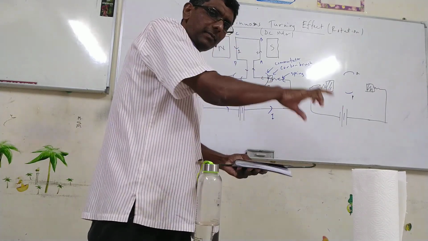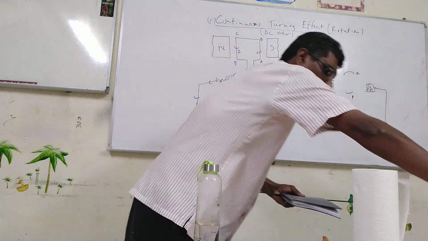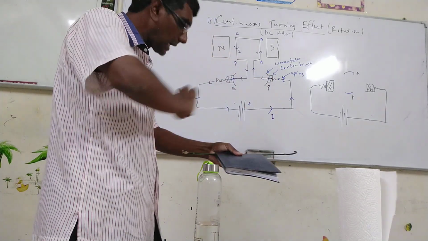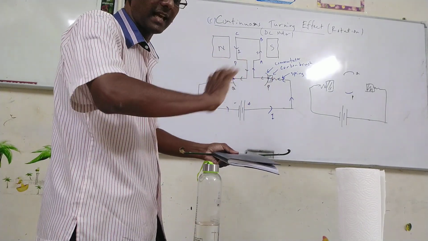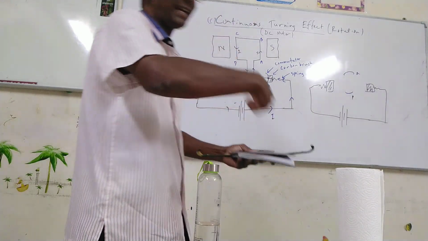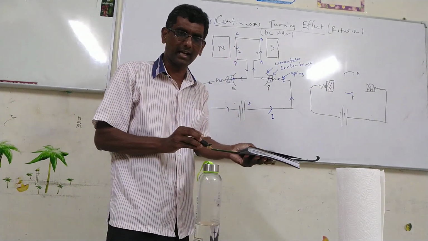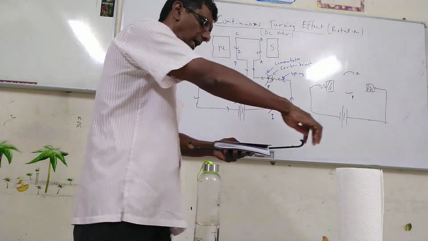But the carbon brushes are the same. Carbon brush here and carbon brush here. The carbon brushes never exchange place, but the commutators exchange place. So now the carbon brush touches and current enters. The current enters through the carbon brush.